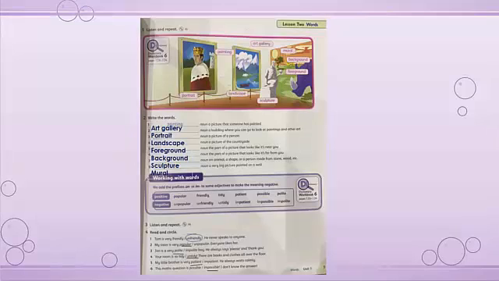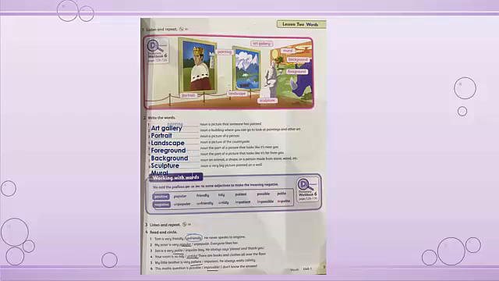Okay, we are going to put the words in the empty spaces and read their meanings or their definitions, okay? So number 1, painting means a picture that someone has painted. Number 2, art gallery, a building where you can go to look at paintings and other art.